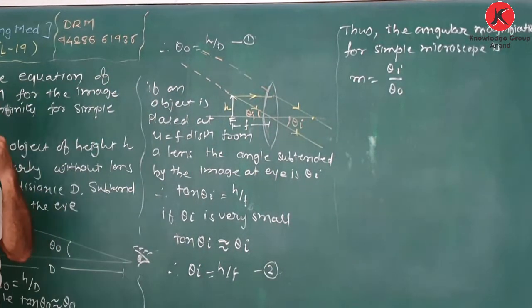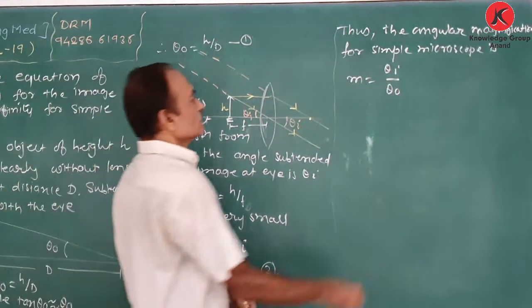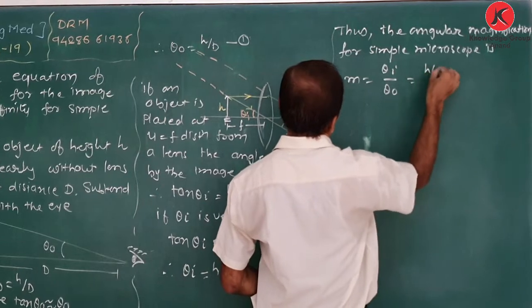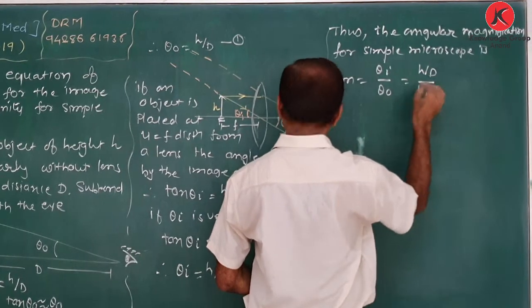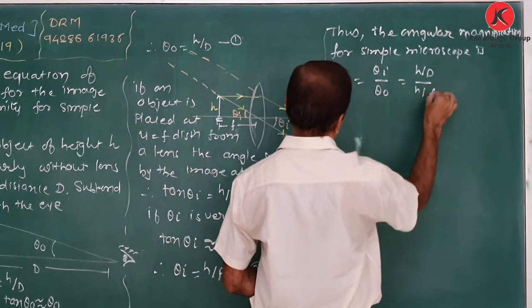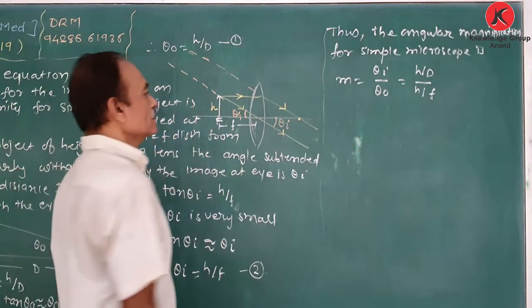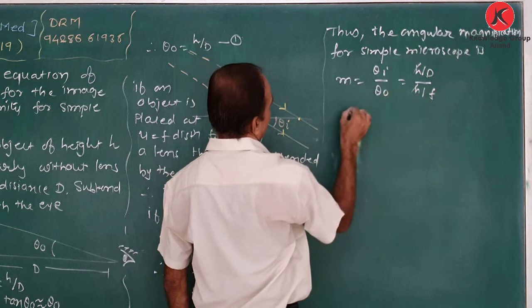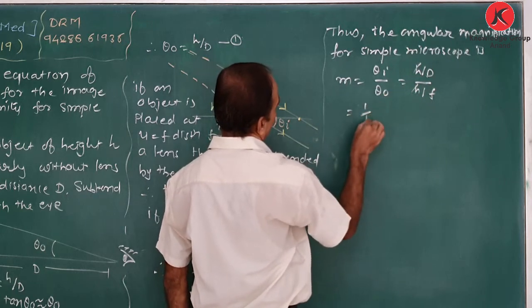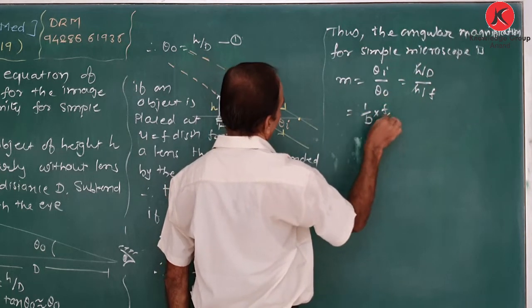We substitute the values from equations 1 and 2, therefore h upon f divided by h upon D. Therefore h is cancelled, and we get 1 upon f into D upon 1, that is D upon f.